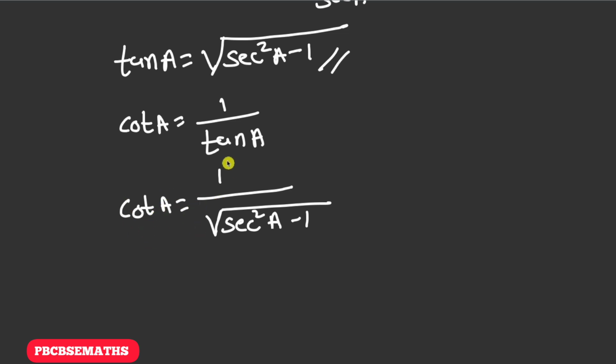So the value of cot A is 1 divided by square root of secant square A minus 1.